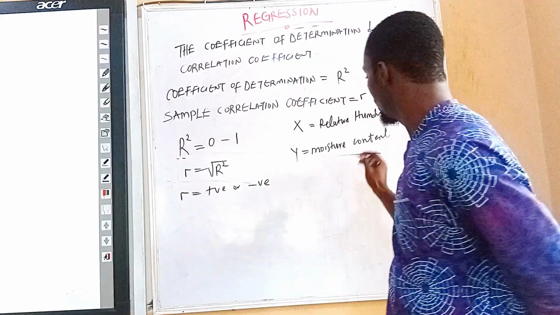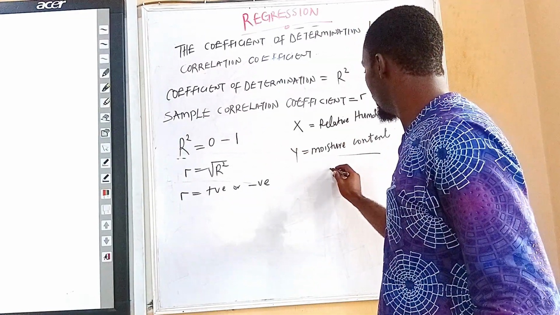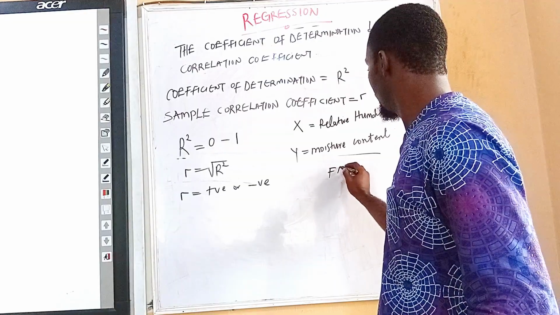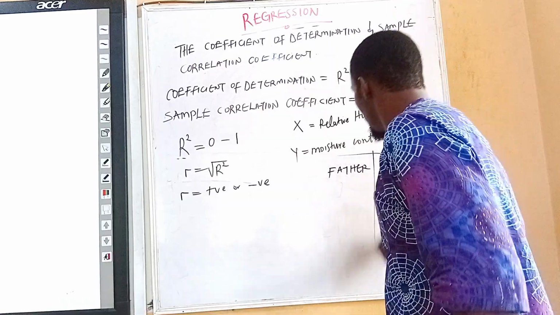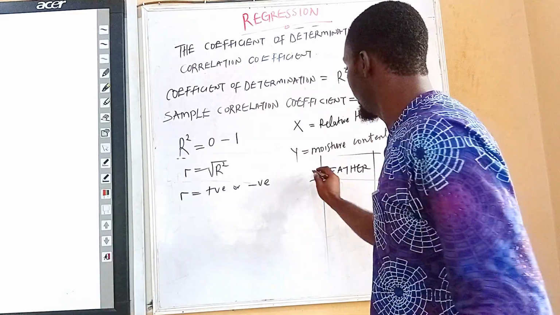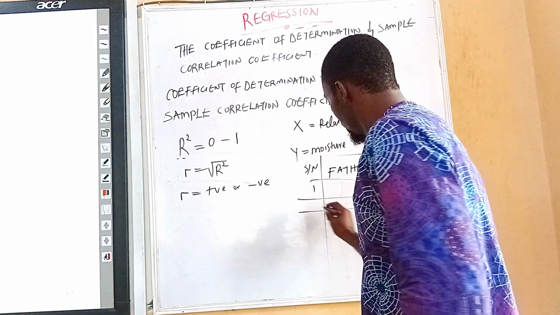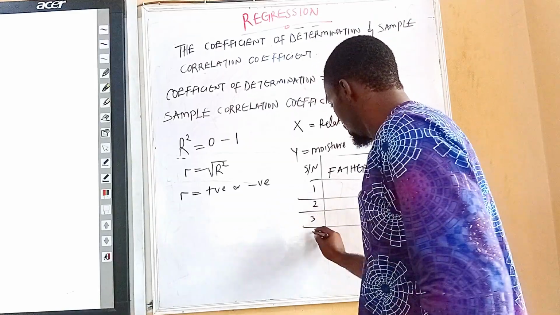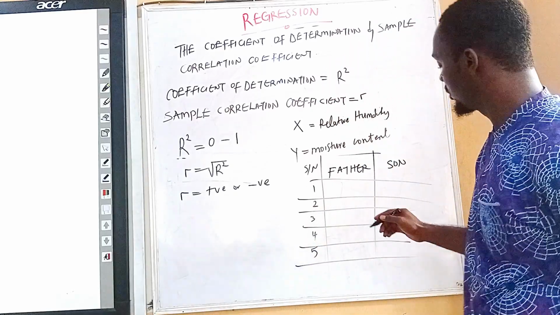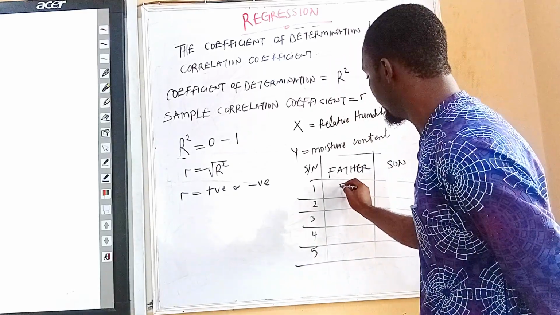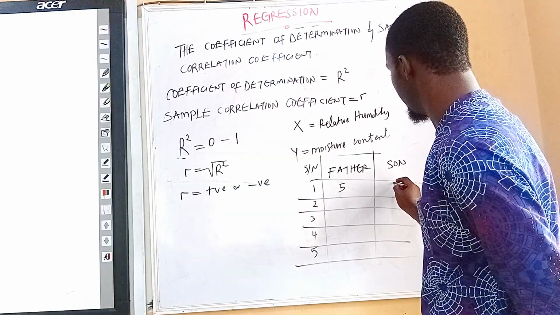For example, you have a father and a son. He did this experiment for, let's say, five fathers and sons. Let's say this father is 5 feet tall and the son is 6.